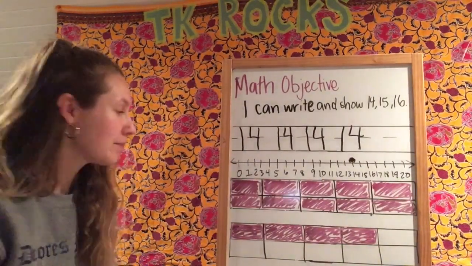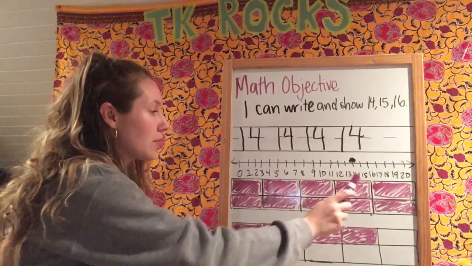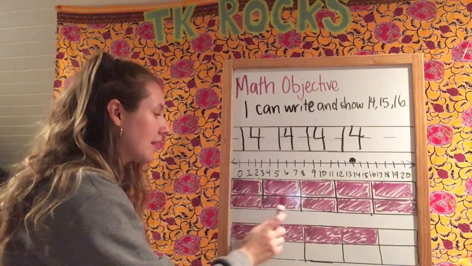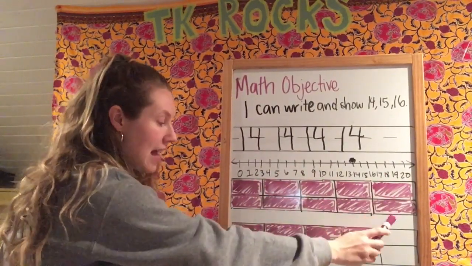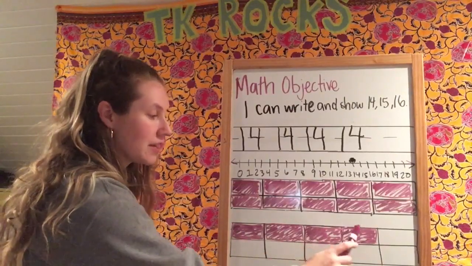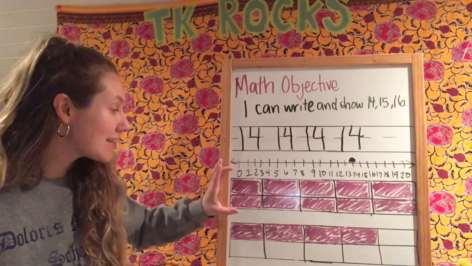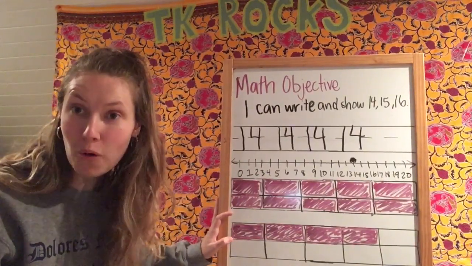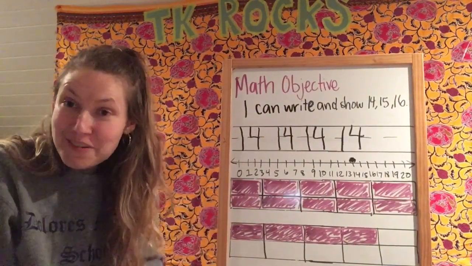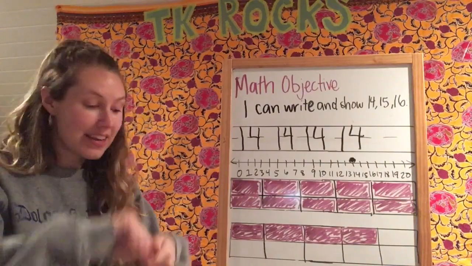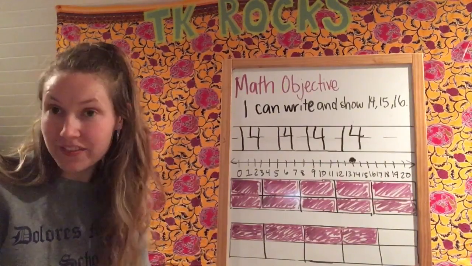Let's double check here. 1, 2, 3, 4, 5, 6, 7, 8, 9, 10, 11, 12, 13, 14. So we know that we could take 10 and add 4 more to make 14. How cool is that? Now, we're going to look at 15 next.